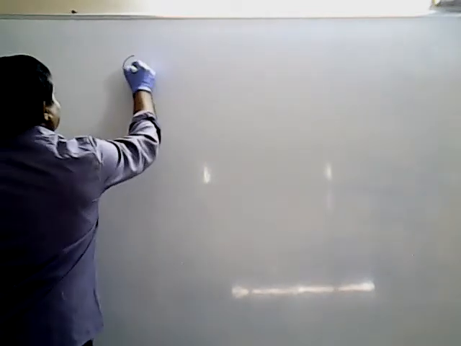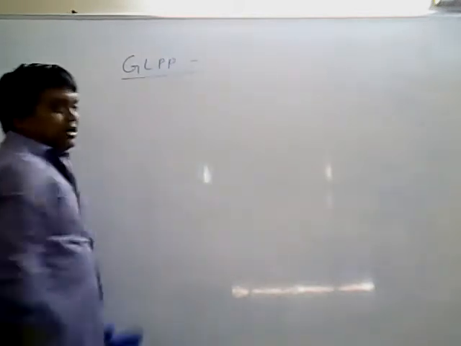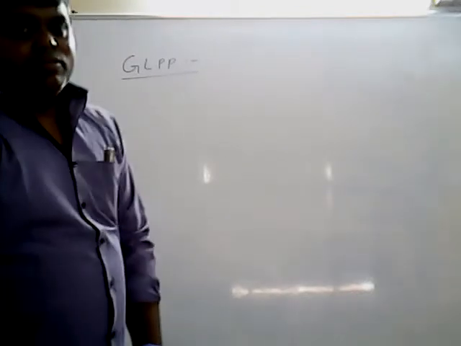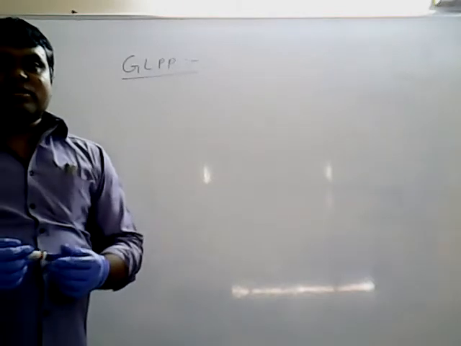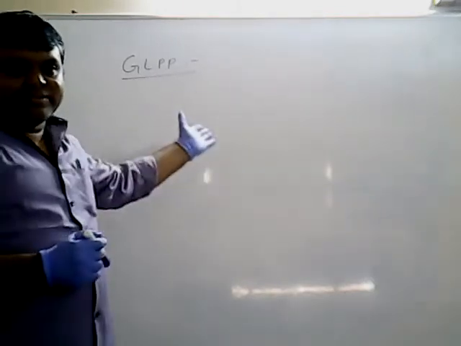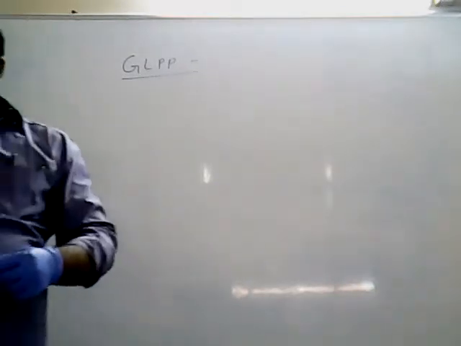Simply I will write it as GLPP, general linear programming problem. So how does a general linear programming problem look? First I will tell you the definition, and later on I will explain what the general linear programming problem is. It is called GLPP.